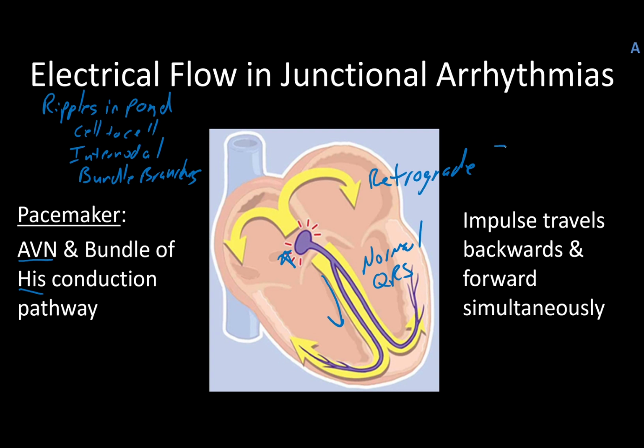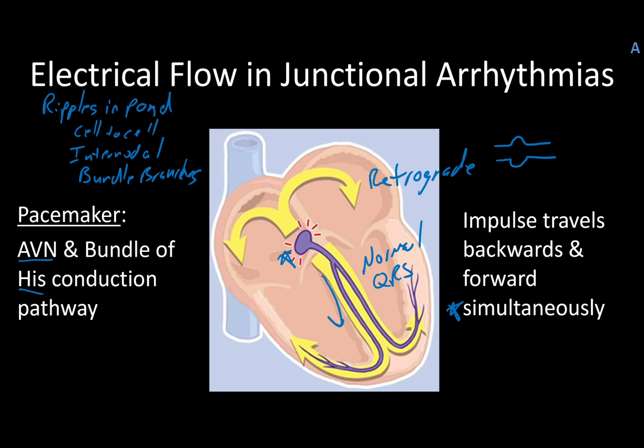So instead of being like this, your P wave will actually be upside down because it's occurring reverse of what it normally should. And then the other important part is that it's happening simultaneously. Just like in a pond, if you create those ripples, they travel equally in all directions. And so in this case, that P wave and that QRS are also going to do the same thing.